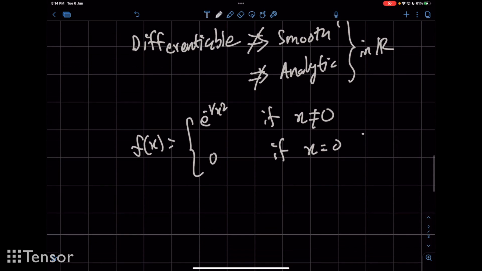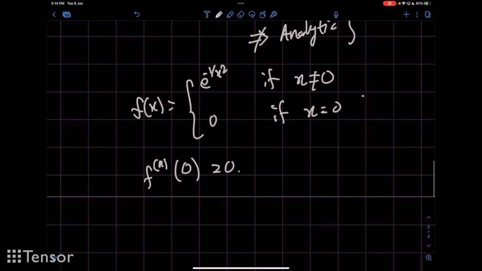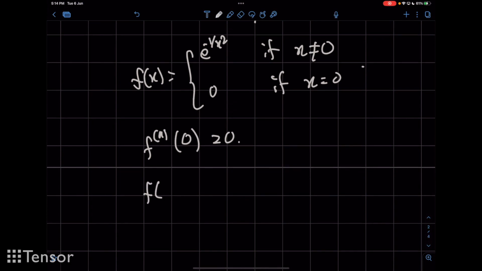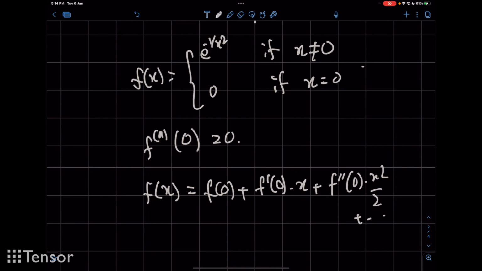And you can prove that all the derivatives at 0 are 0, right? So if the function had a power series representation around 0, then the function would look like this: f of 0 plus f prime of 0 times x plus f double prime of 0 x squared by 2, and so on and so forth.